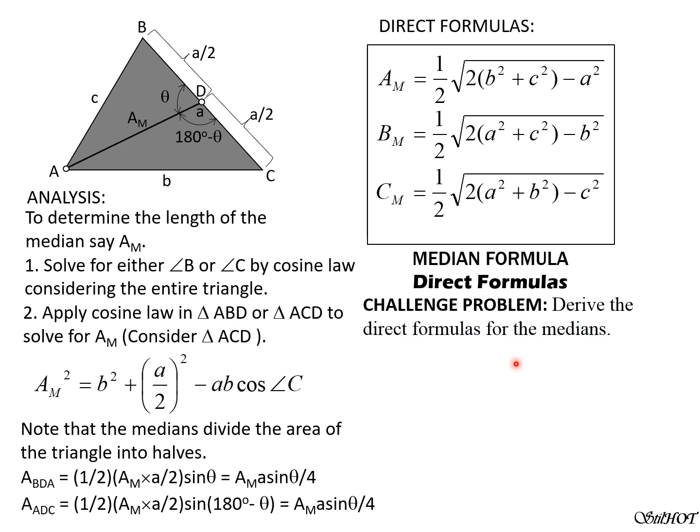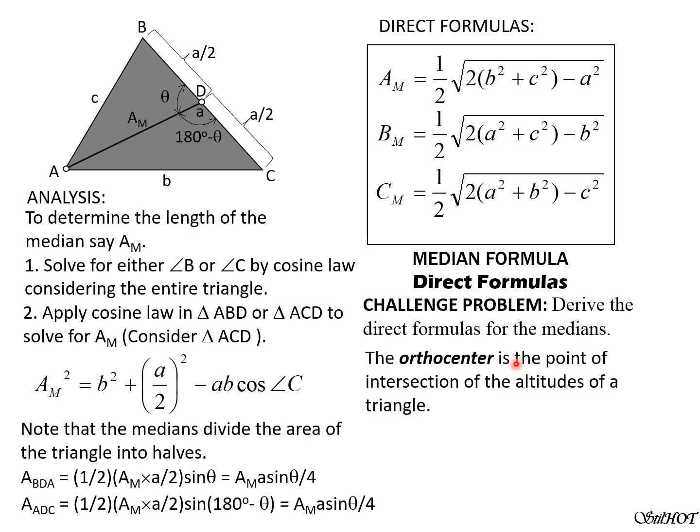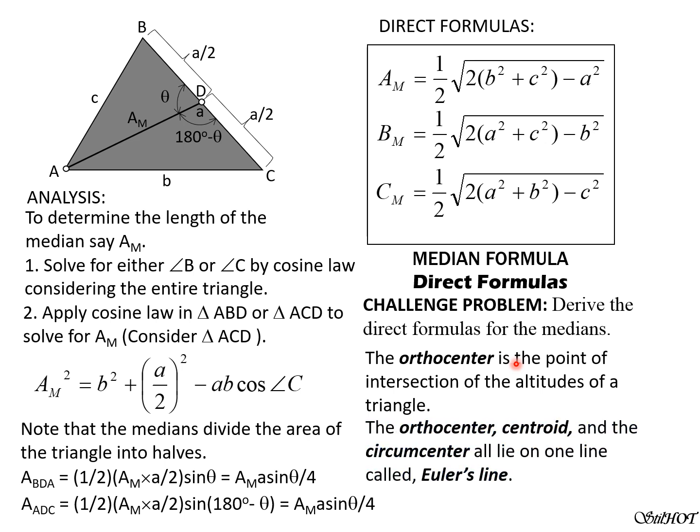Another important concept is the orthocenter. The orthocenter is the point of intersection of the altitudes. So you draw lines from the vertex perpendicular to the opposite sides, then these lines intersect at a point called the orthocenter.